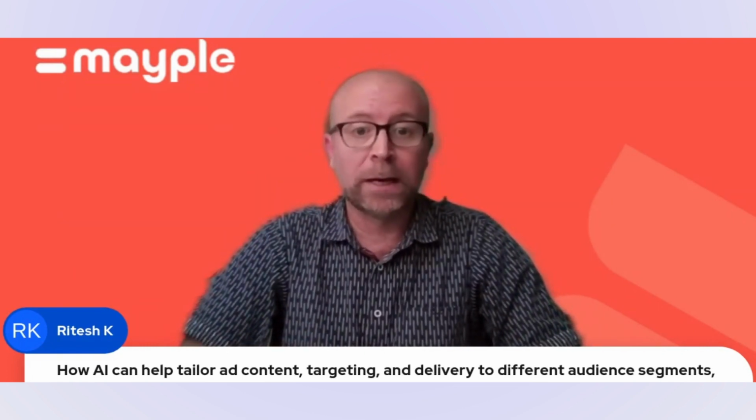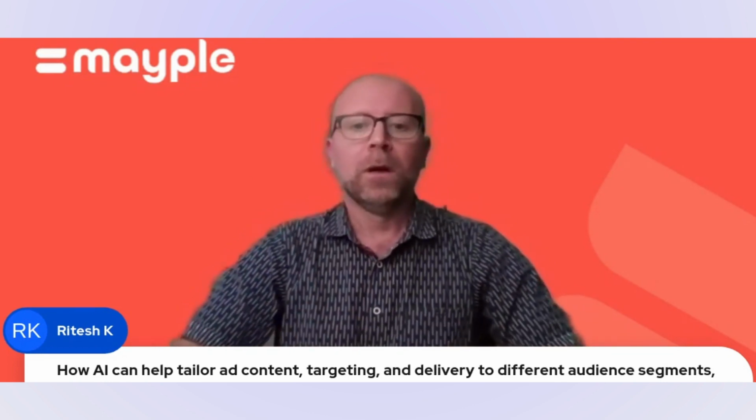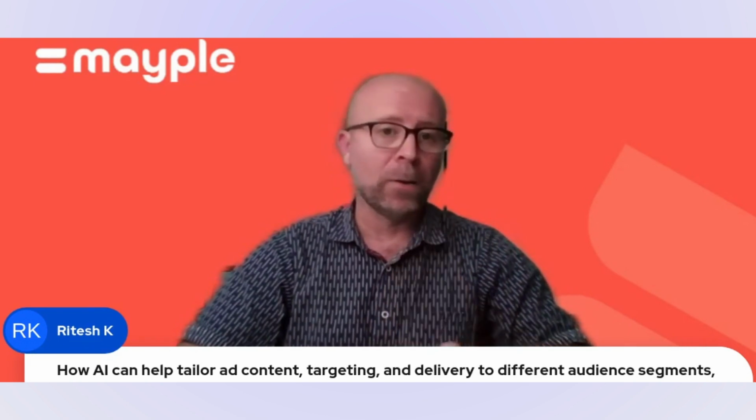How can AI help tailor ad content, targeting, and delivery to different audience segments, ultimately leading to higher engagement and conversion rates? Fantastic question. So like anything, marketing 101, you want to start with your goals, how you're going to achieve those goals with respect to your audience.